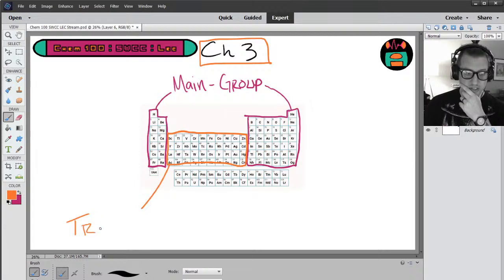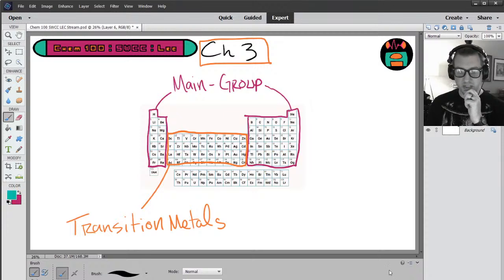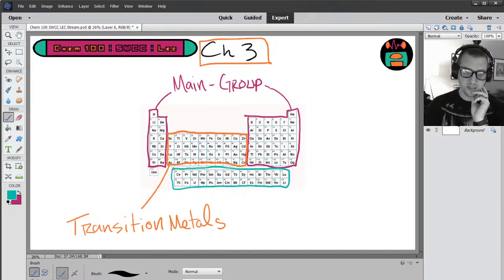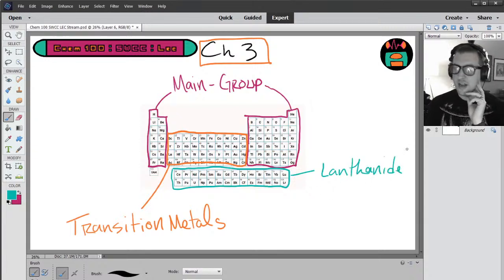These are called transition metals. And if you're wondering, okay, well then what's this region down here? These are neither main group elements nor transition metals. These are called the Lanthanides and Actinides.